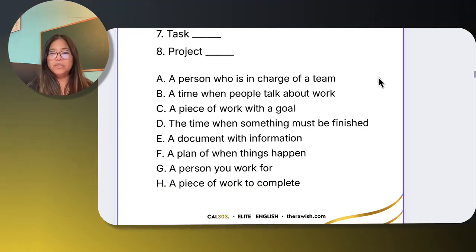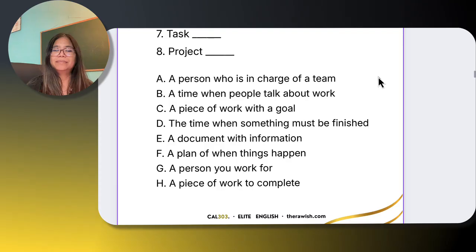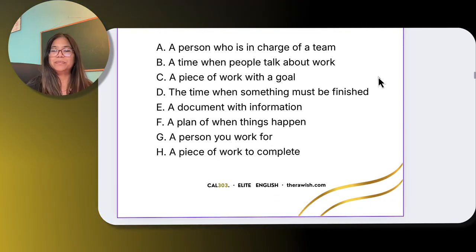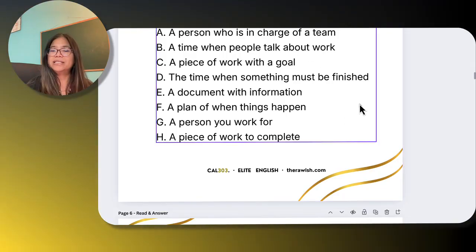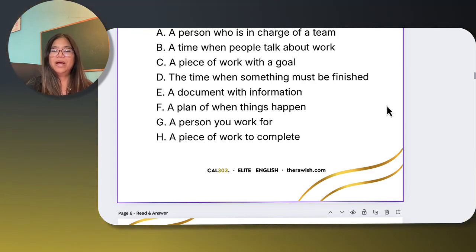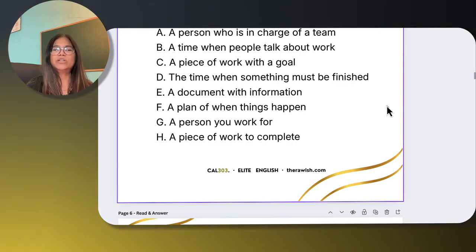C, a piece of work with a goal. D, the time when something must be finished. E, a document with information. F, a plan when things happen. G, a person you work for. H, a piece of work to complete.